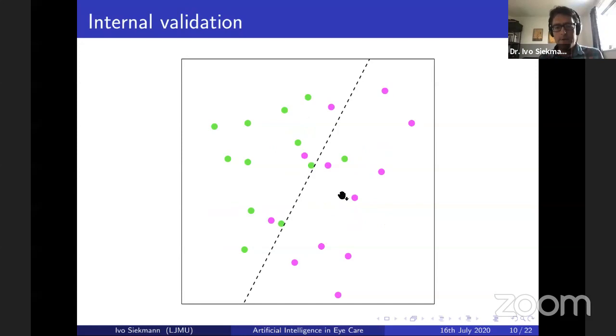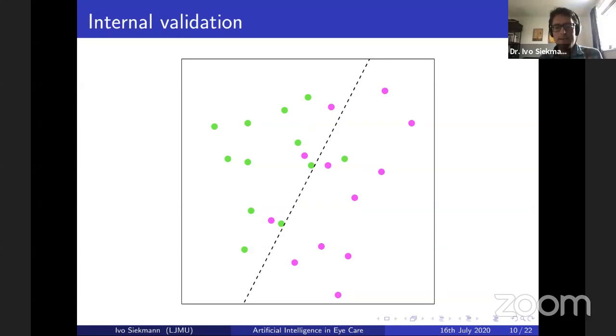And when we look at the test data set now, we see that we actually have a different picture. So we have 1 healthy patient that is incorrectly classified, but we have 3 sick patients that are incorrectly classified as healthy. So we see that our error has slightly increased, and this is usually the case if you split your data in a training and a test sample.